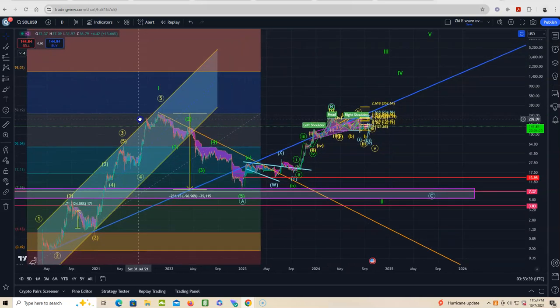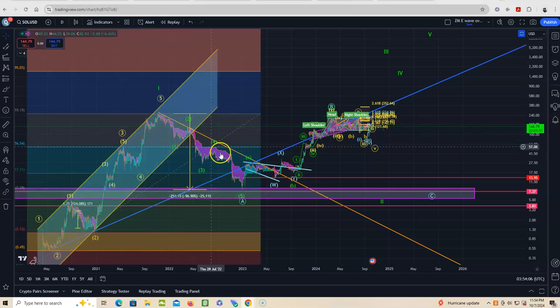Now we have an impulsive move down. As you can see, this is 1, 2, 3, 4, 5, and if you notice, there's no overlap, or very little overlap. This is almost impulsive to the downside, whereas this here is very corrective, very unimpulsive.